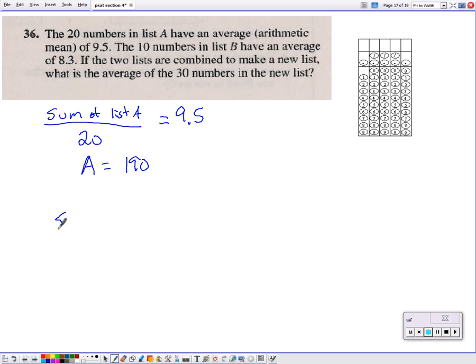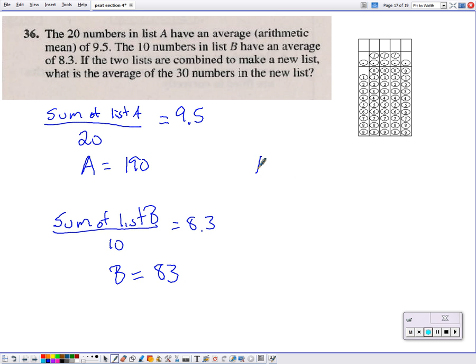I'm going to do the same thing, and the sum of list B, which only has 10 numbers in it, was 8.3. If I multiply both sides by 10, now I get that list B has a total of 83 if I added up all the numbers in list B.